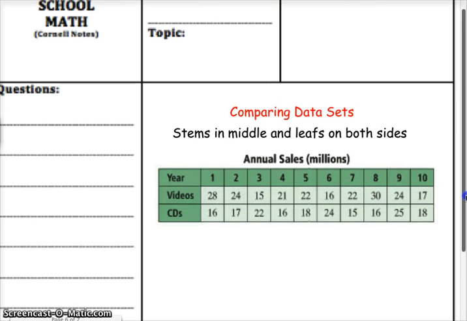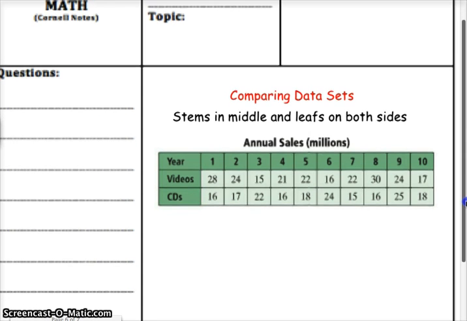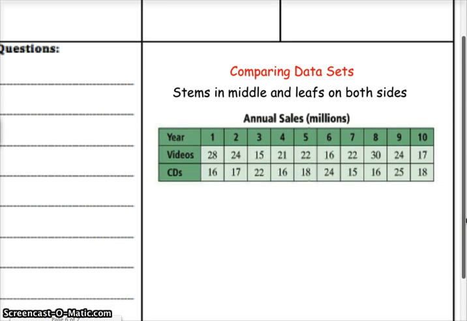Okay, to bump up the rigor and difficulty level, we give you 2 sets of data to compare. And you create one stem and leaf plot given the 2 sets of data. So when we do this, we make 2 separate stem and leaves, and the stem is in the center.